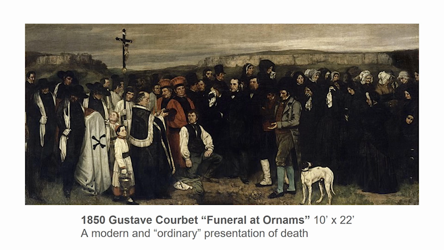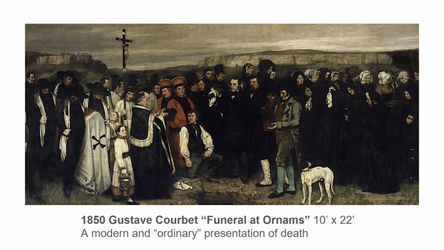This is again Courbet, and look at the scale of this thing. It's 22 feet across. It's almost as big as the front of this room. It's probably pretty close to the size of the front of this room. Ornans was a town that Courbet grew up in.